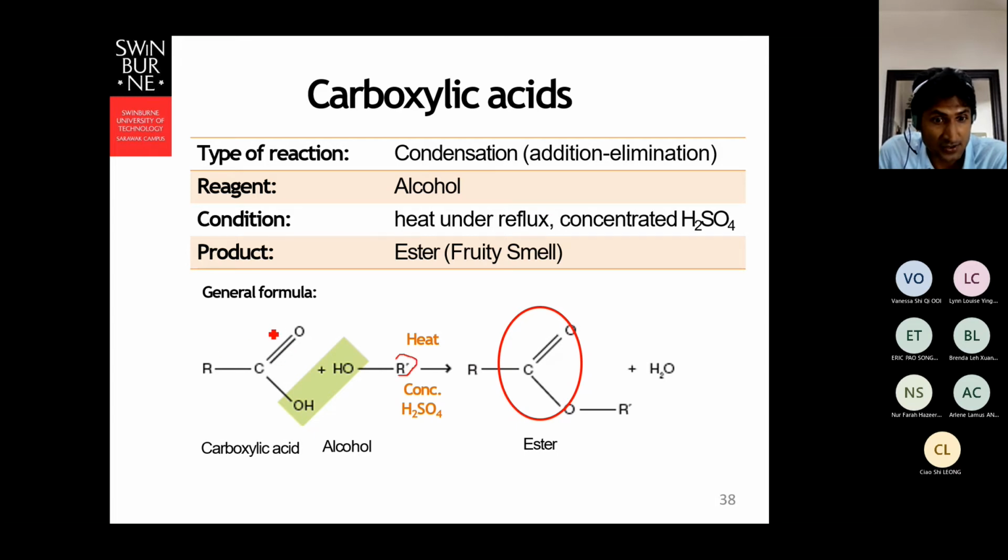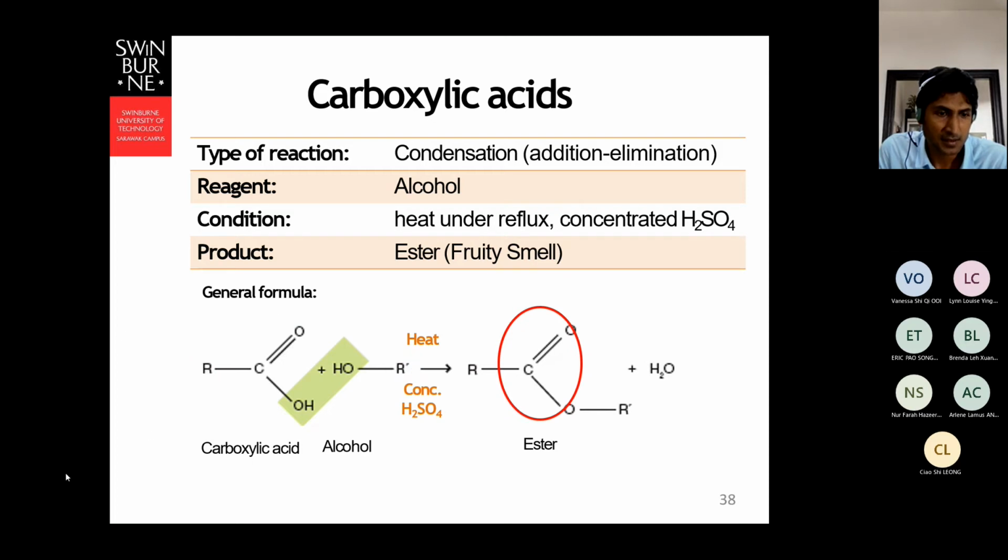R means CH3, CH2, CH2, as I said. These two R can be the same, or they can be different. Both ways it can. It doesn't have to be the same R.